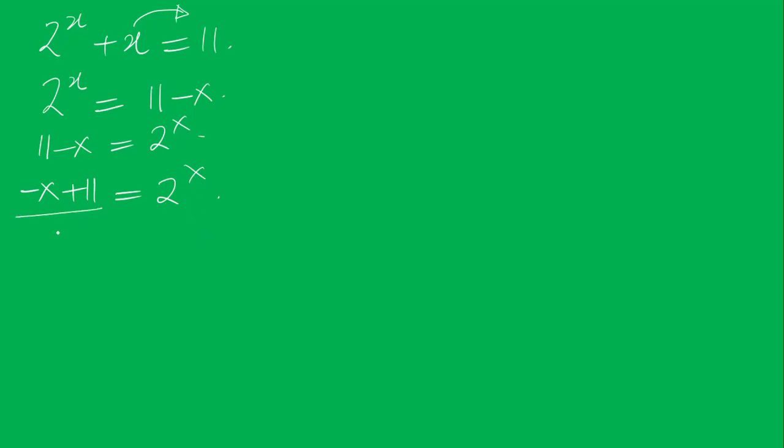Dividing 2 to the power x by 2 to the power x, and dividing minus x plus 11 by 2 to the power x, you have minus x plus 11 divided by 2 to the power x equal to, this will cancel out, 1.